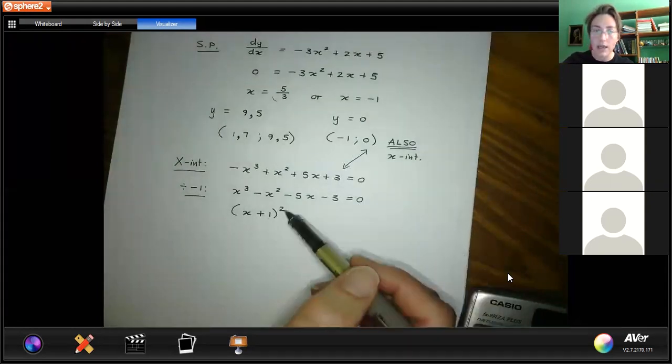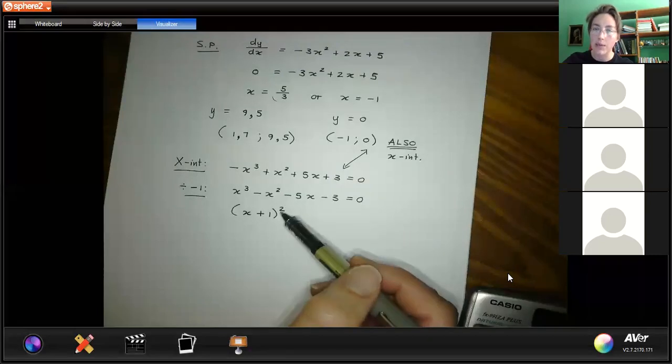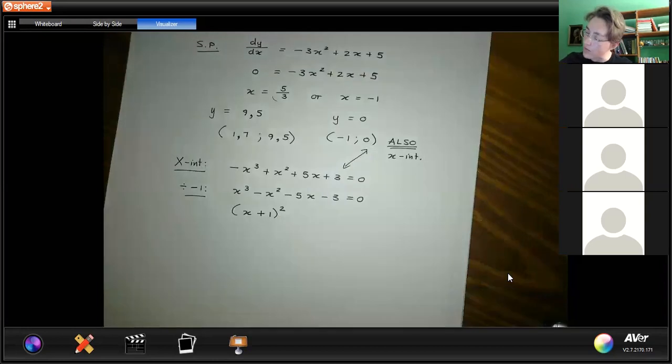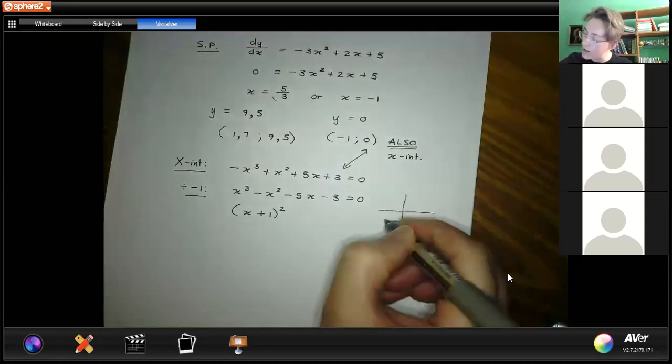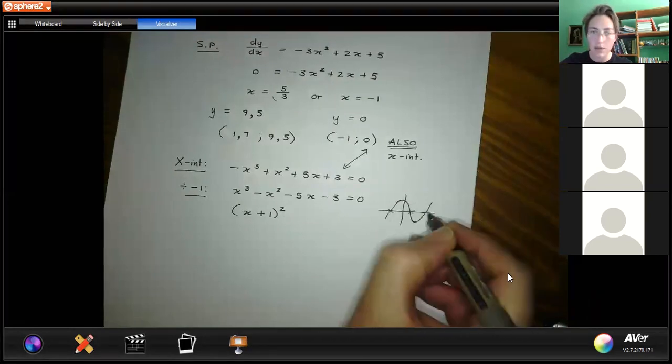Now, the second thing is that square. That square only happens when an x-intercept is also a stationary point. And the reason that happens is because normally when the graph cuts, it cuts once, twice, 3 times. So that's 1, 2, 3 x-intercepts.